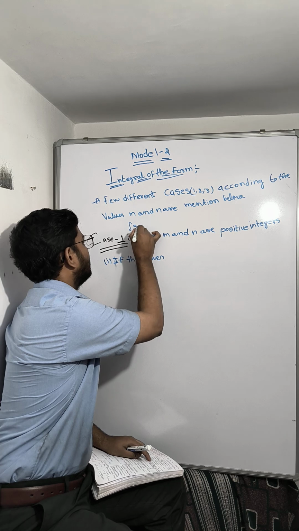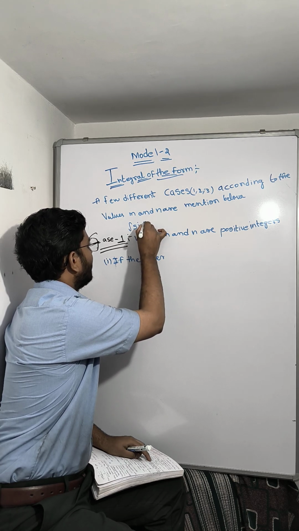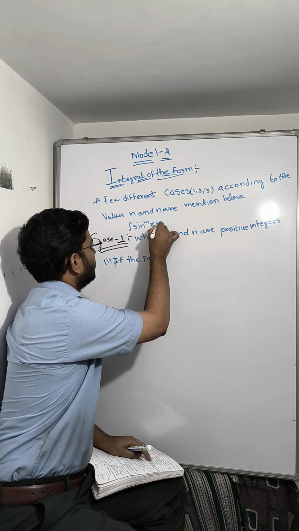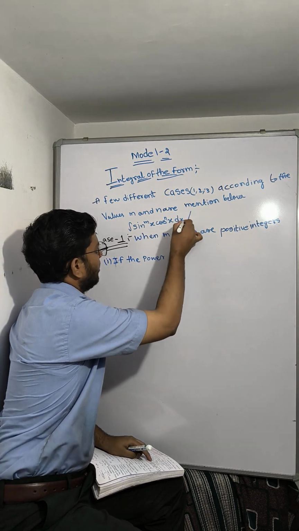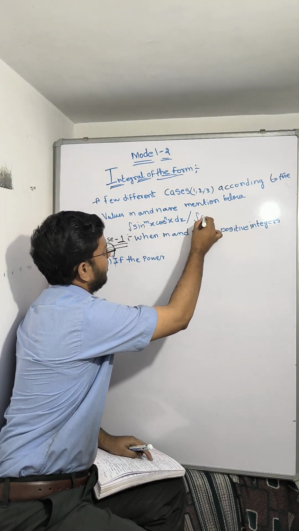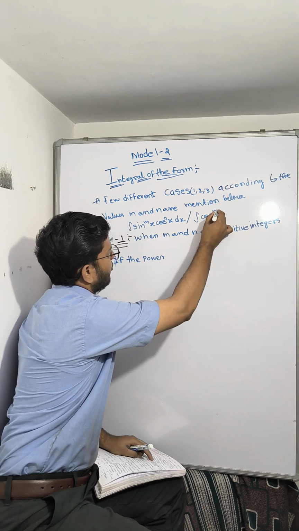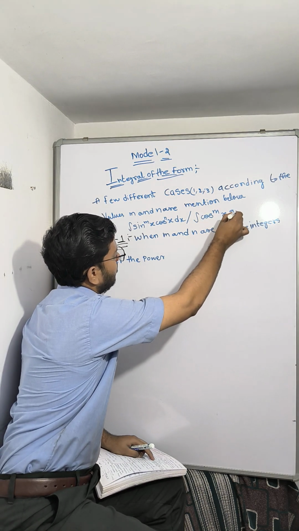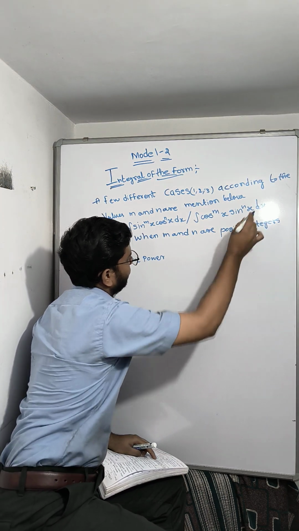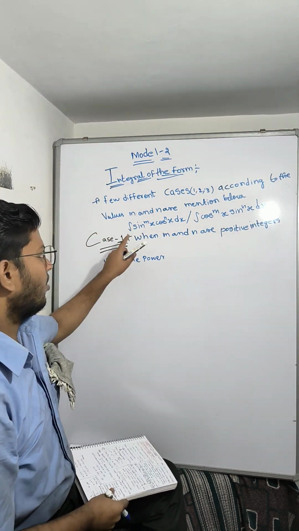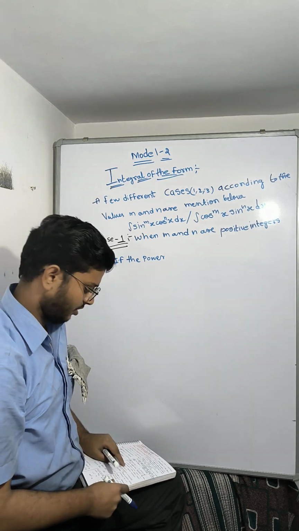Integral sin to the power of mx cos to the power of nx dx, or integral cos to the power of mx sin to the power of nx dx. That is the form of the question.